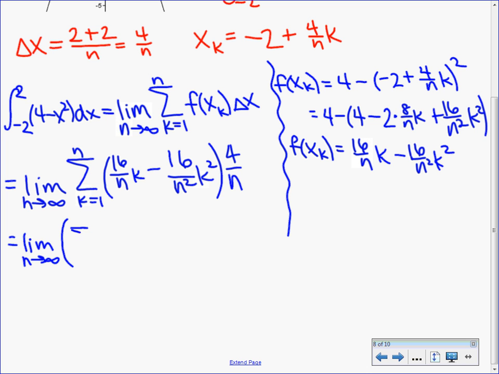We have the summation of k equals 1 to n. When I take 4 over n times 16 over n k, we get 64 over n squared k, right? Minus 64 over n cubed k squared.